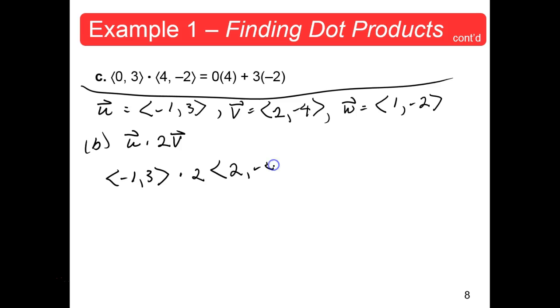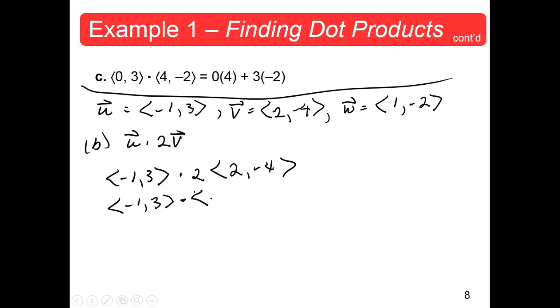Okay? Now really at this point, it doesn't matter the order. I'm tending to do it the way it's described here, but if you go back to your rules that we just did on the previous page, on page 429, you see if you have a scalar multiplied, right at the middle of the page, what we have is u dot cv. You could write it in any one of those 3 forms. I'll write it just like we did it. What would that be? Negative 1, 3, dotted with what?